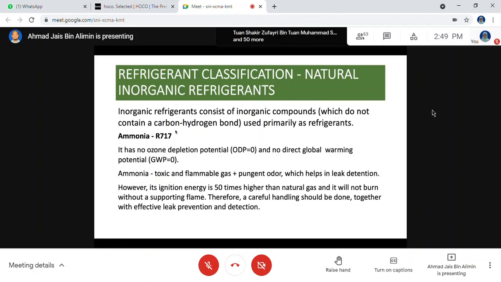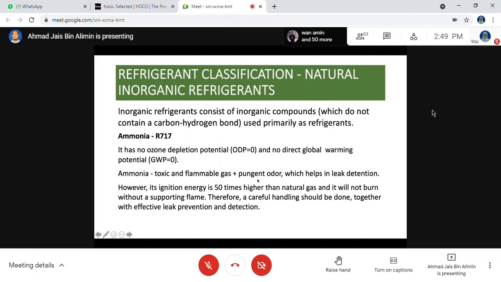The challenge of utilizing the ammonia refrigerant is that not only is it a flammable gas, but two additional challenges are that it is toxic and has a very distinct pungent odor, bau yang kuat dan menyengat. It's a kind of smell pollution, if you can say that.